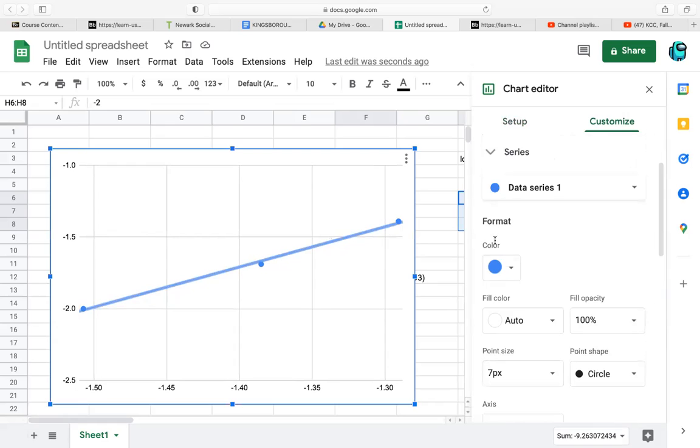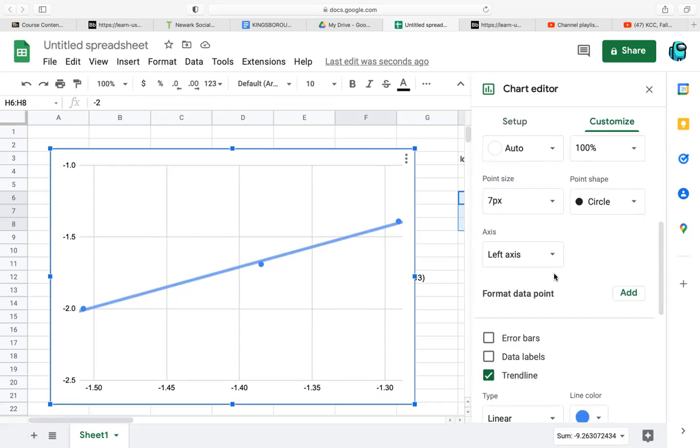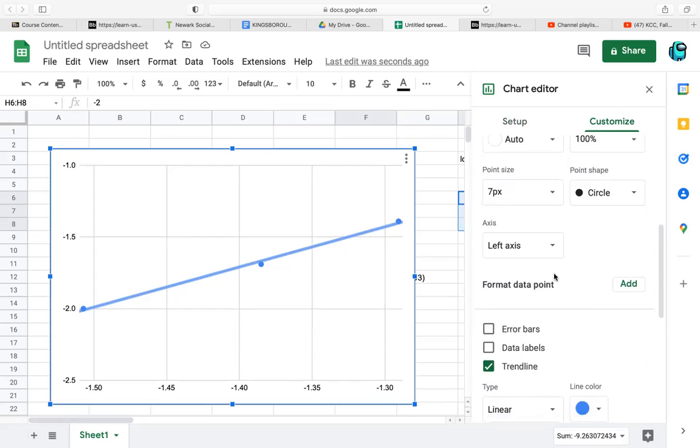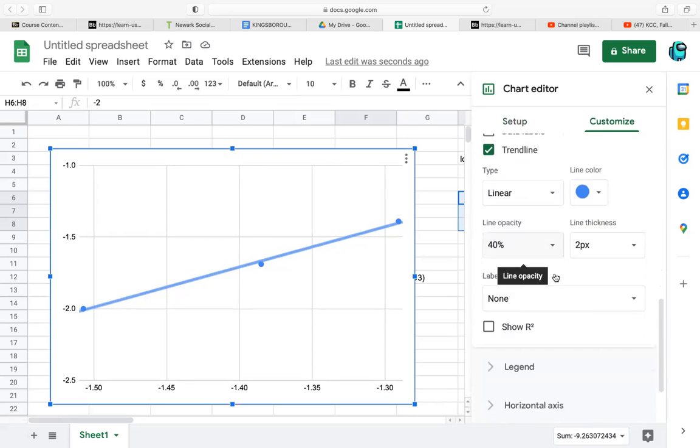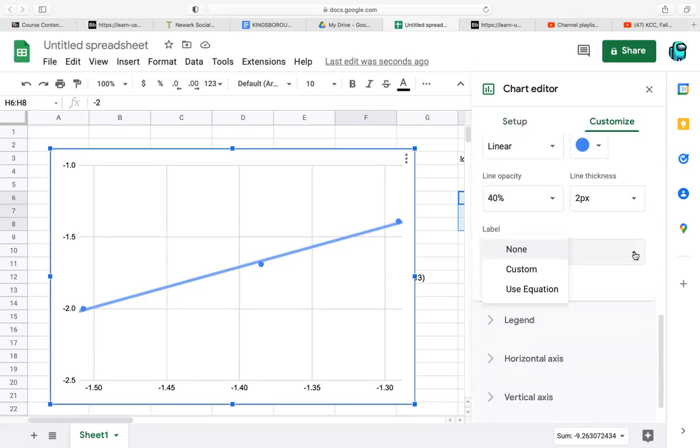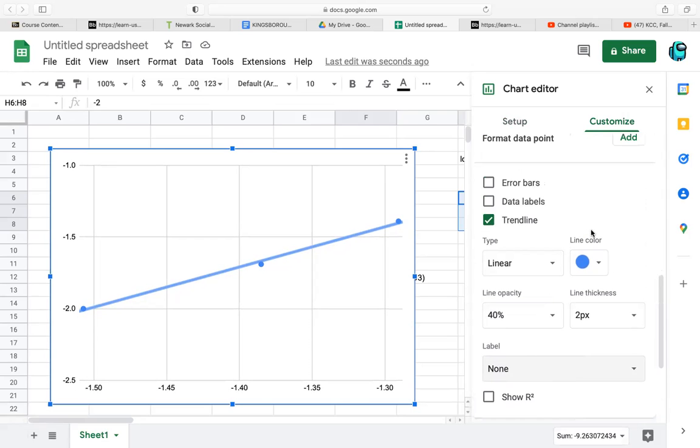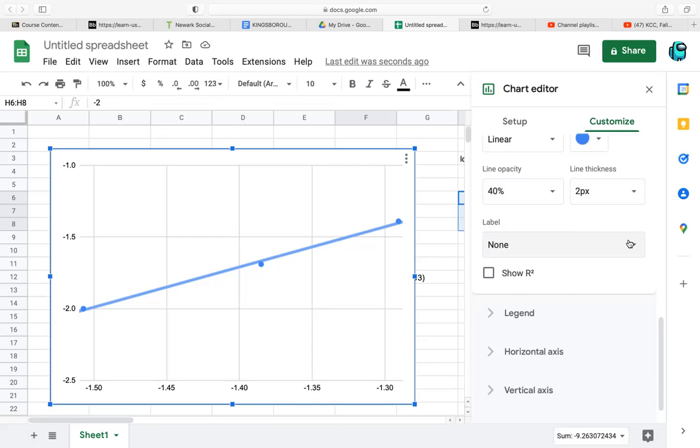So I'm clicking on the trend line. Oh man, label. Oh, here it is. It's right below label. See where it says label underneath it? You go to use equation. For some weird reason, even though it draws the trend line, you have to tell it to put the equation. So there's trend line there, you go down to label and you go use equation.